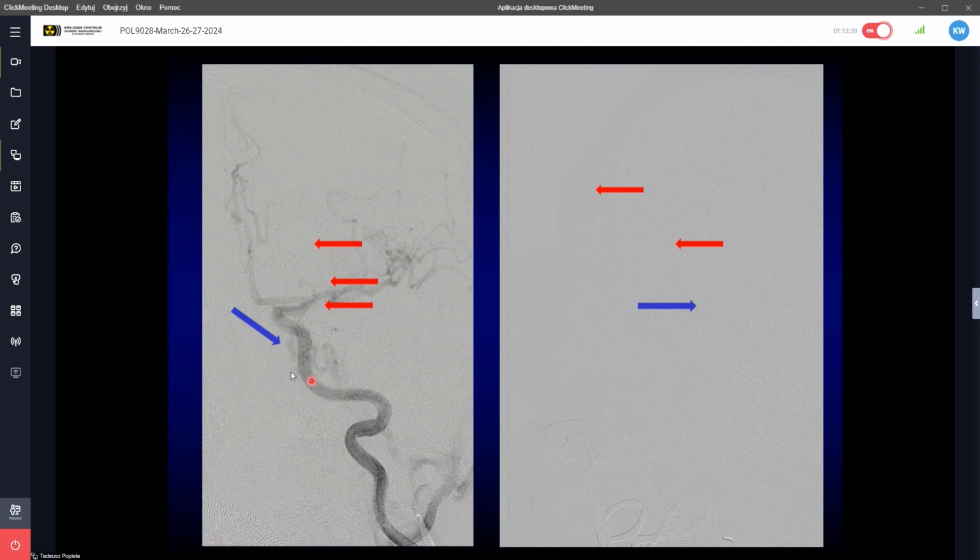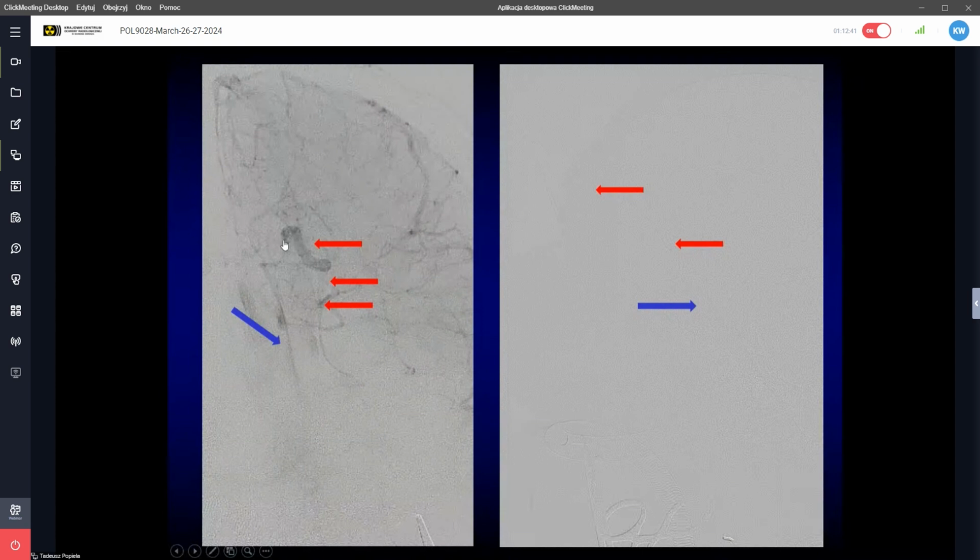You can see this internal carotid artery. Here are small branches, which are quite tortuous, and there is no way for us to catheterize them, but they lead directly to the cavernous fistula. And so here you can see the enlargement of the cavernous sinus.